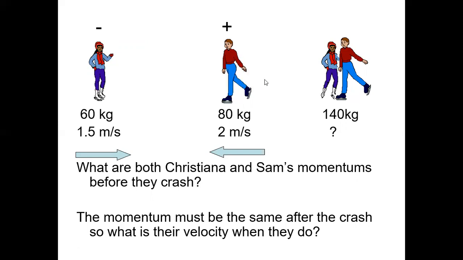So first of all, we need to remember the equation. Bearing in mind that it's going to be a minus, we've got the mass, which is 60 times 1.5, which gives us minus 90 kg m/s. That's for that person there.